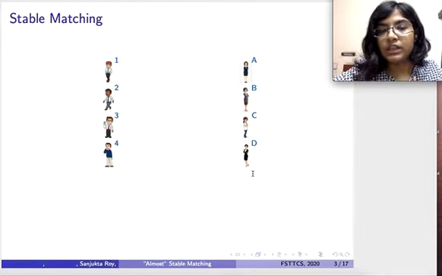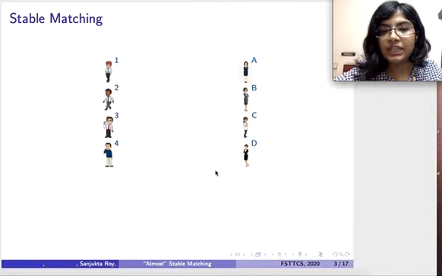Now let's see what a stable matching is. You have two sets of agents, as I said. One is denoted by 1, 2, 3, 4, the other is A, B, C, D. Classically this problem is known as the stable marriage problem, where one side is denoted by men and the other by women, as you see in this example.